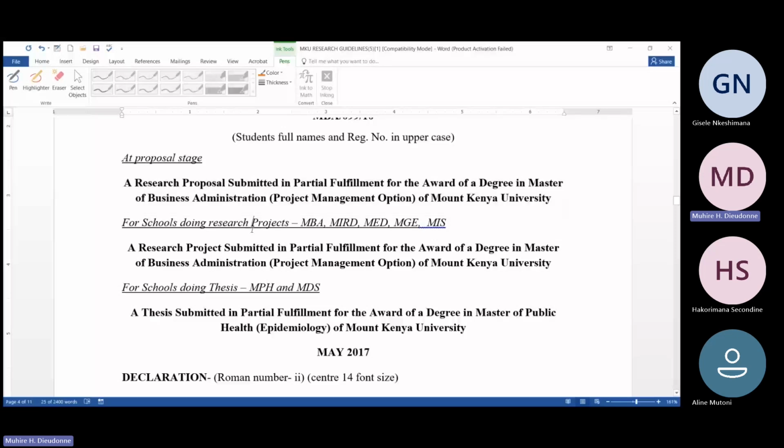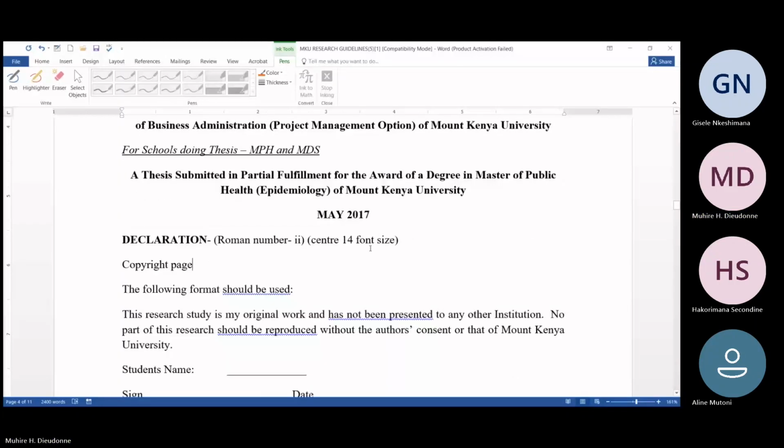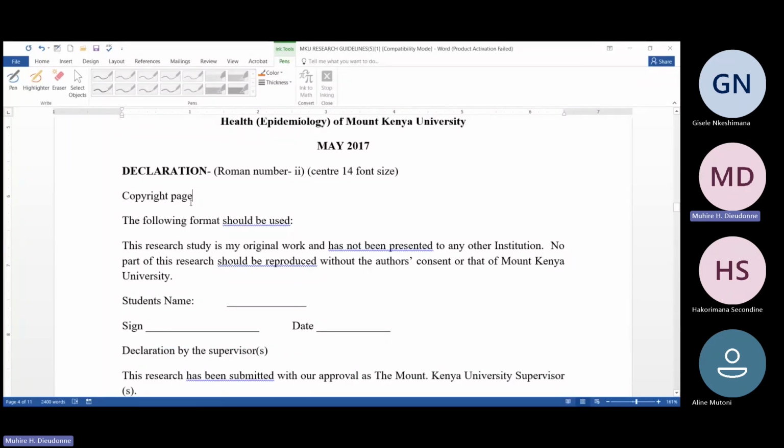So this one must be there, or thesis or project. Then the year and month will be below. Then the first page below the cover page will be the declaration, which will be centered in Times New Roman, and it must be heading 1.